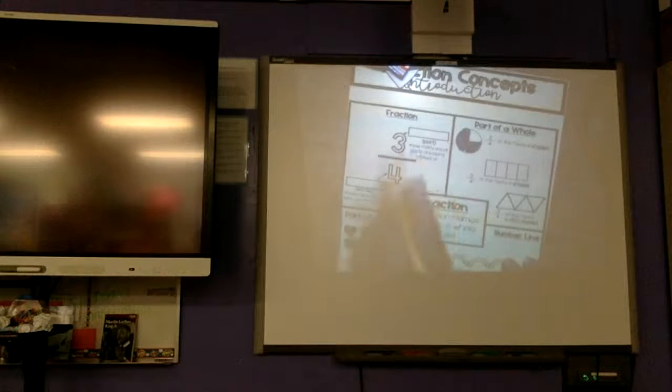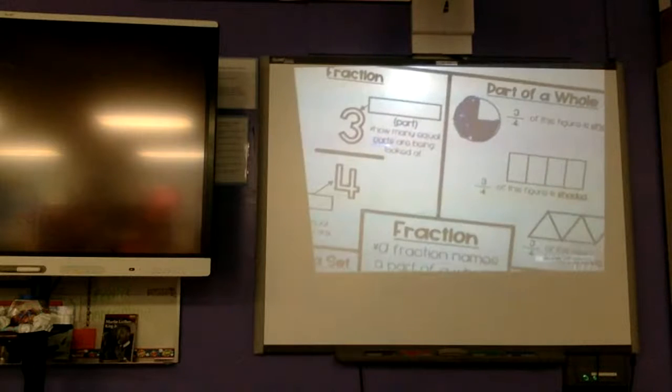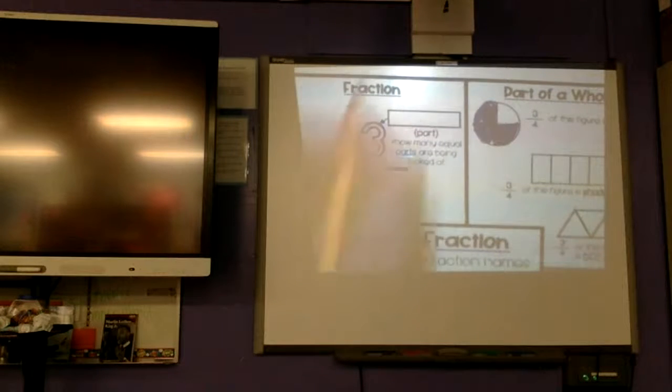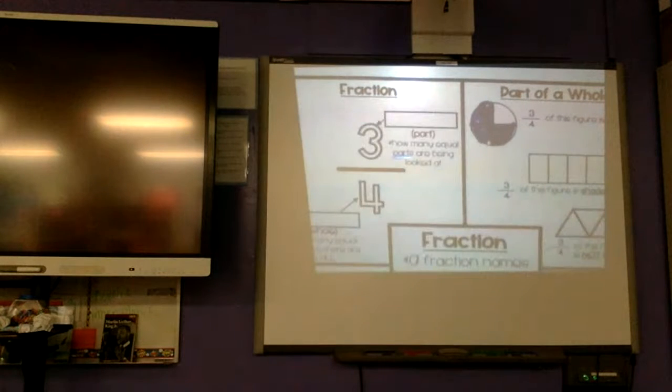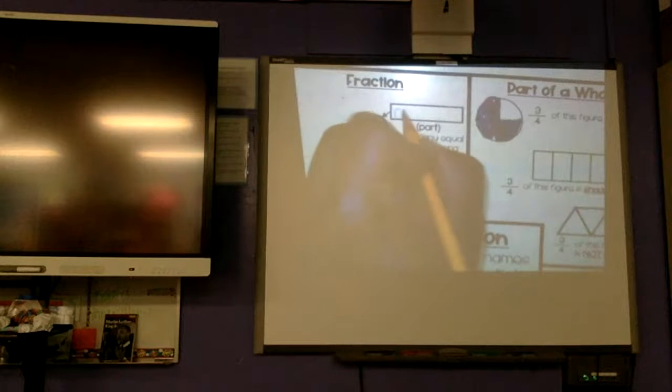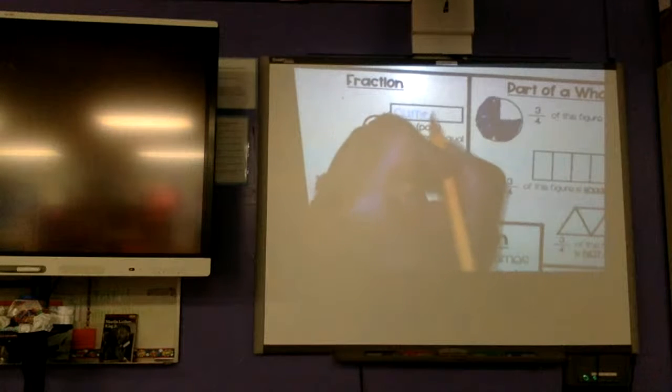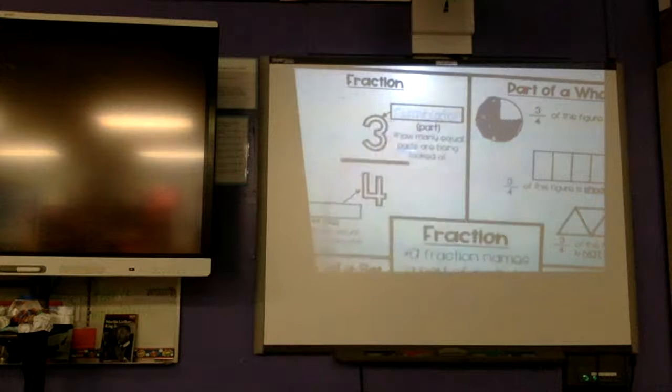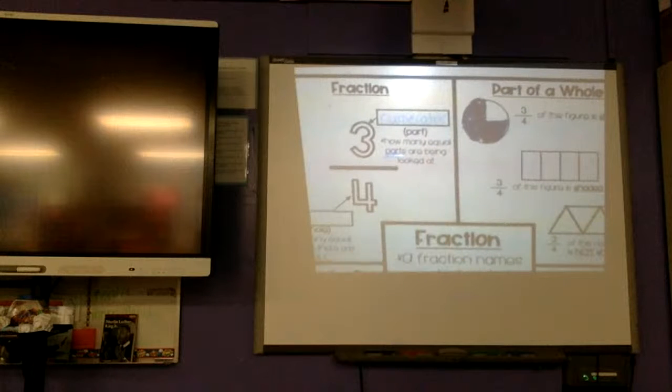It tells you right there on the page. Thomas? The part of the what? You have to be specific. Part of the whole or the object that we're looking at.